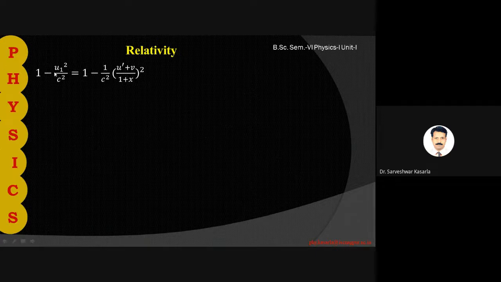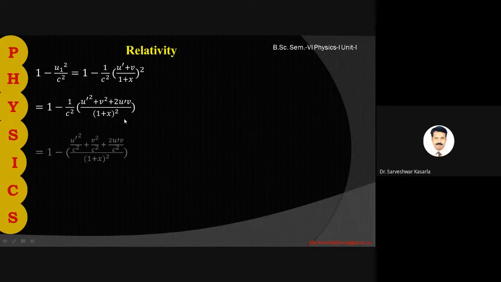Now let us see what happens. If you take the value 1 minus u1 square upon c square, you have to remember this. So 1 minus u1 square upon c square is equal to 1 minus 1 upon c square into the value of u1 square. Now if you solve this again, if you solve the bracket, you will get (u dash square plus v square plus 2 u dash v) upon (1 plus x) square.